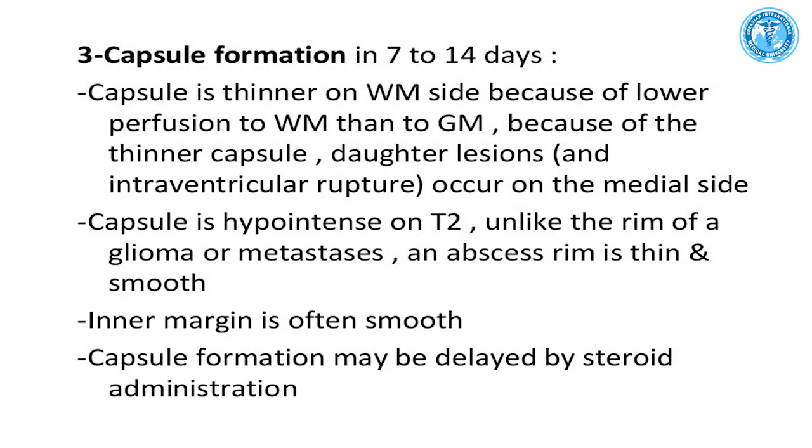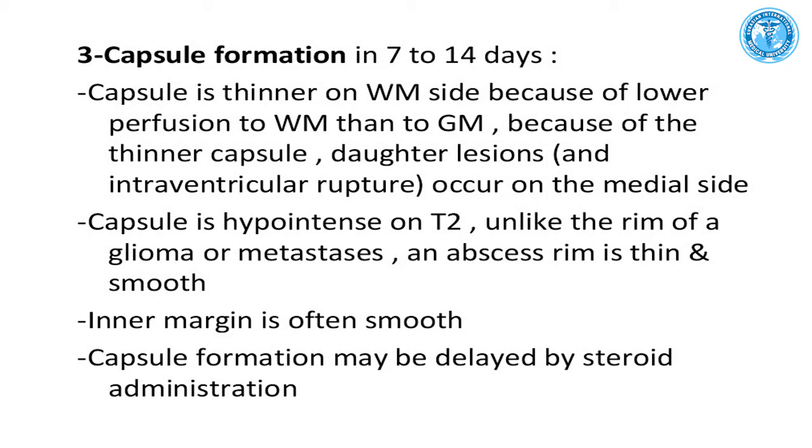And third, capsule formation in 10 to 14 days. The capsule is thinner on the white matter side because of lower perfusion to white matter than to gray matter. Because of the thinner capsule, daughter lesions and intraventricular rupture occur on the medial side.